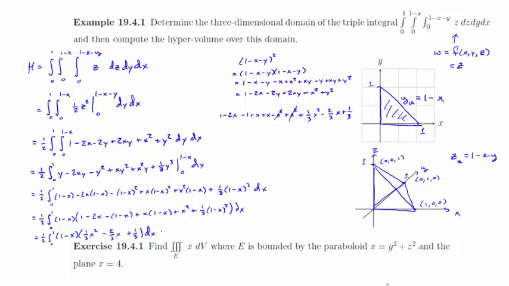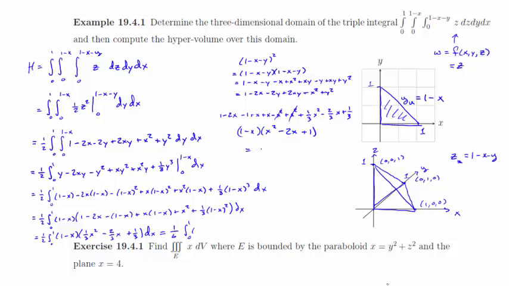Dx, I can actually pull that 1/3 out now to get 1/6 times the integral from 0 to 1 of, let's see, I'm going to have 1 minus x times x squared minus 2x plus 1 after factoring out that 1/3.